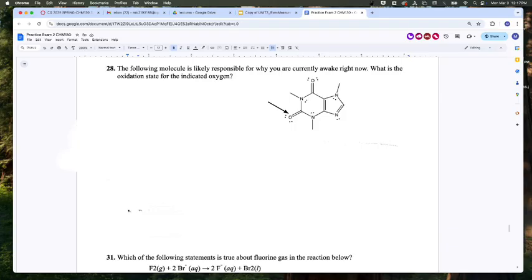No, because you don't have the rule sets to be able to understand those. What's the oxidation state for the oxygen? Okay, let's run with it as a -2.